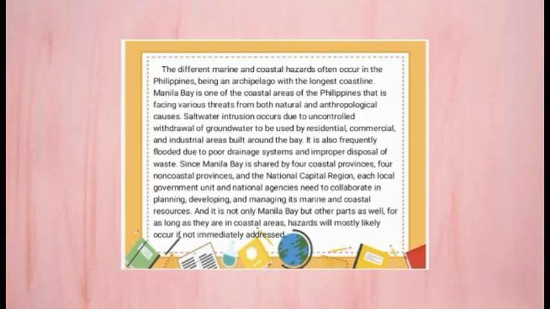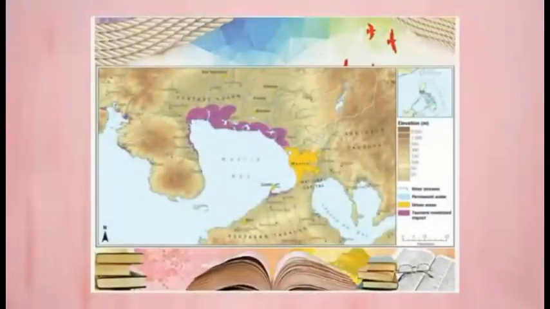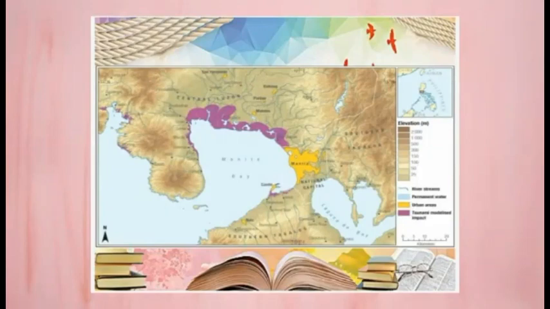Since Manila Bay is shared by 4 coastal provinces, 4 non-coastal provinces, and the National Capital Region, each local government unit and national agency needs to collaborate in planning, developing, and managing its marine and coastal resources.